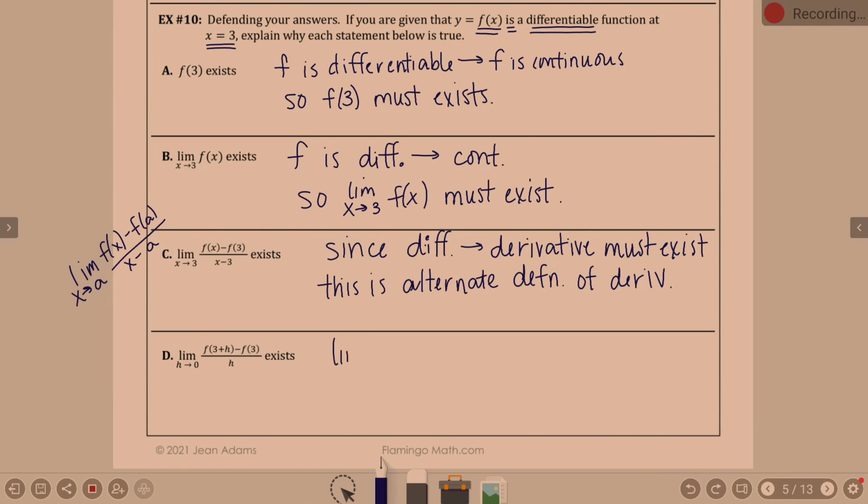This is our limit definition of derivative. This is the limit as h approaches 0 of, now normally we say f of x plus h minus f of x all over h. Except at this point the x value is 3 and it's already plugged in. Okay?